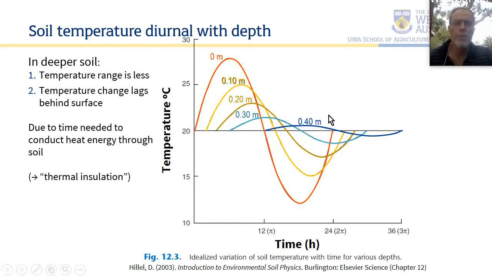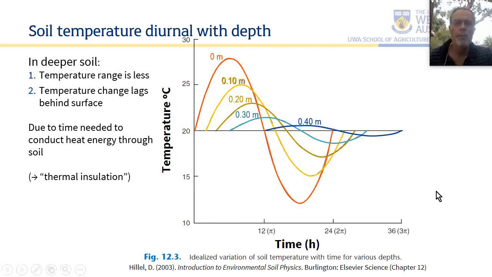And so at some depth, these fluctuations will be effectively zero, and that was what we looked at before. Okay, so as we go deeper in the soil, the temperature fluctuations become less pronounced, and the maxima and minima are later compared with right in the surface soil. So this is related to thermal insulation.